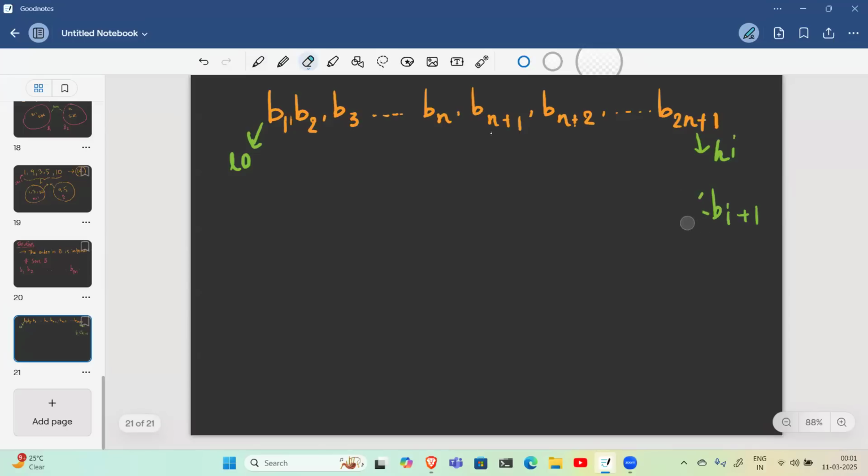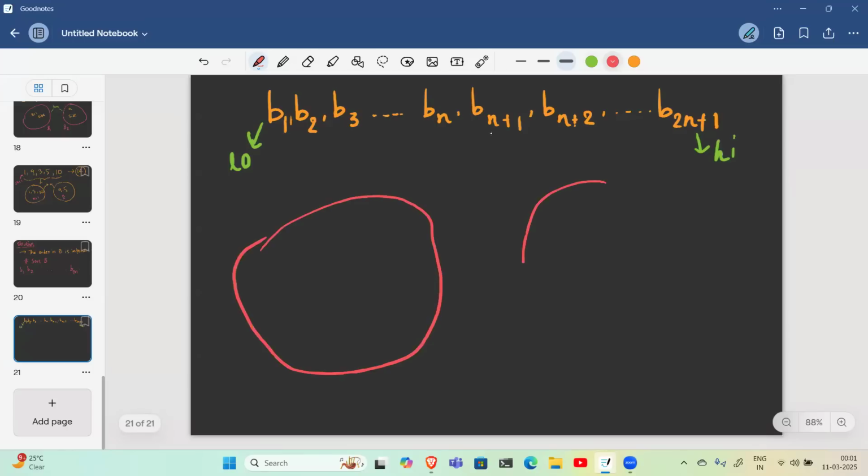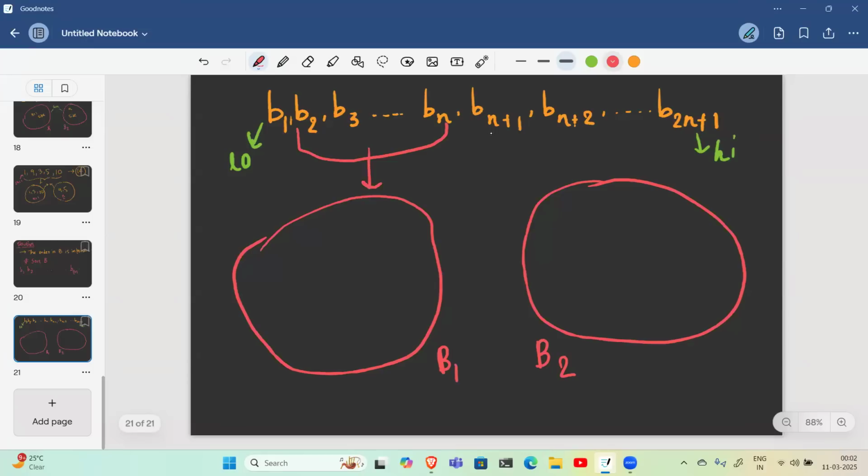Now let me construct the two bags. Here is how I will construct the two bags. This is my bag b1. This is my bag b2. My idea is simple: take all these n-1 numbers and put them in bag b1, and take all these n-1 numbers again and put them in bag b2. I'm leaving low and high here.